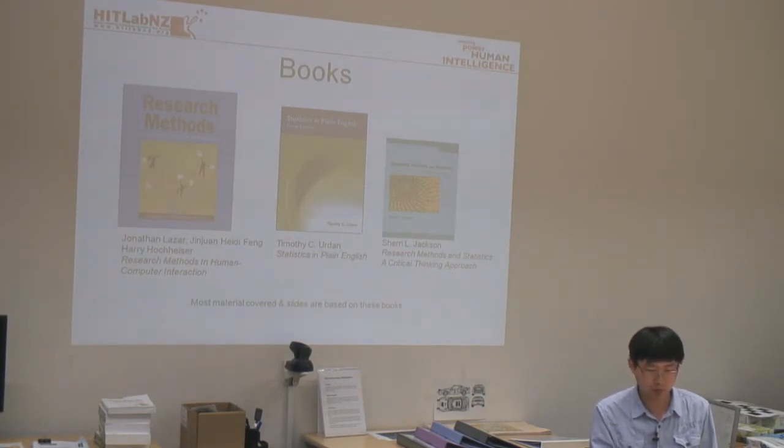I'll be showing you certain statistics methods that are frequently used for HCI research, so that itself could be quite sufficient, I think. Some of the statistics methods not covered in this basic book will be taken from this book. But mostly the research methods we'll be talking about are the topics in this book.